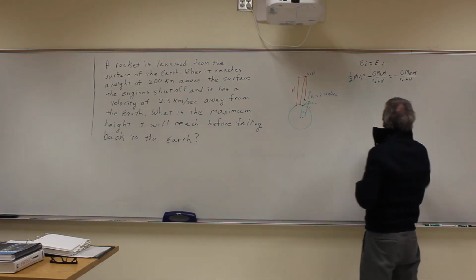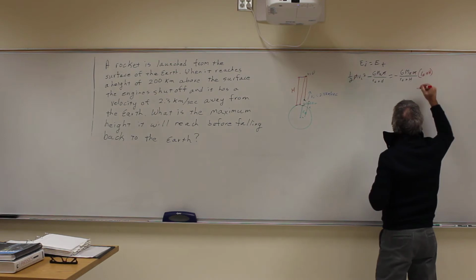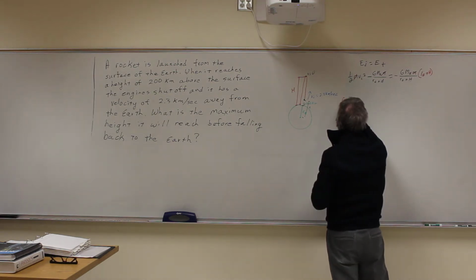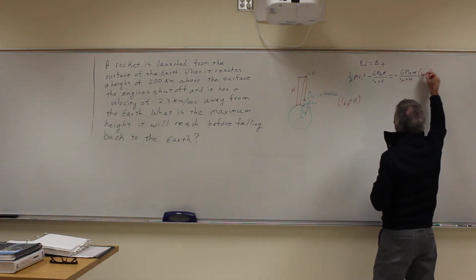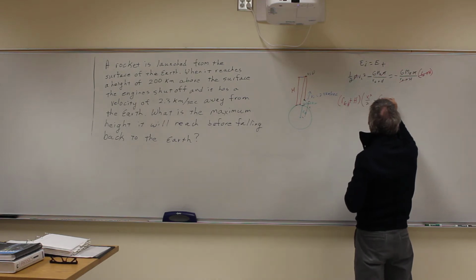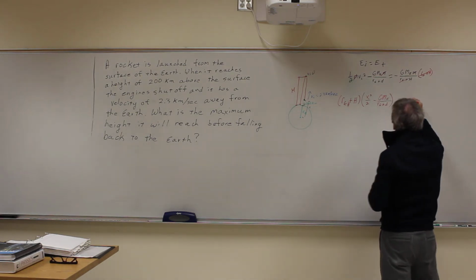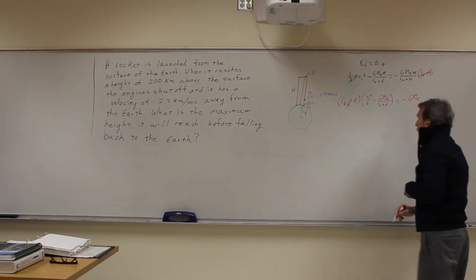And so we're going to multiply both sides by R_e plus h. So when we do that, we're going to get R_e plus h times, see those will cancel there, right? Times this, well the m goes, so this just becomes v initial squared over 2 minus G M_e over R_e plus d. And this is going to be equal to minus G M_e over on the side.